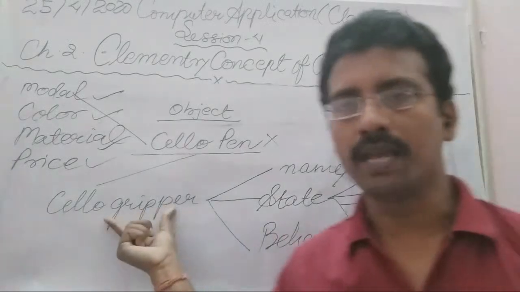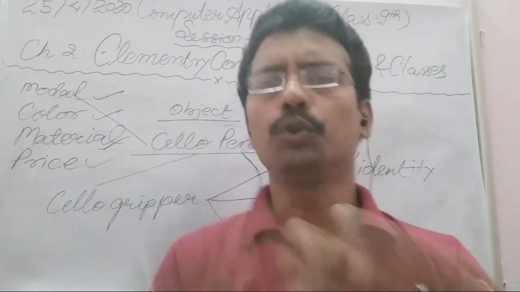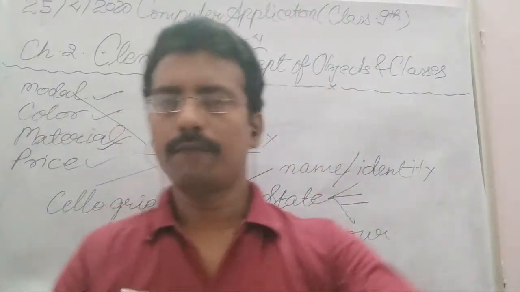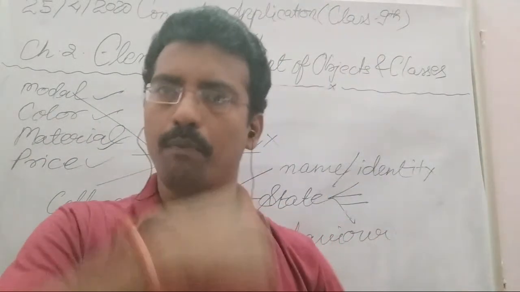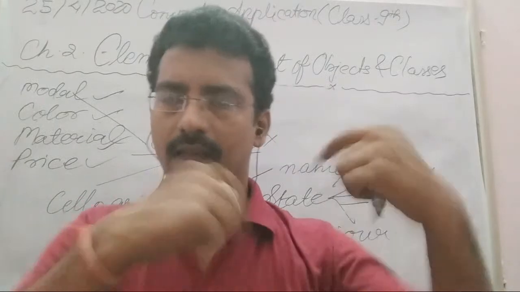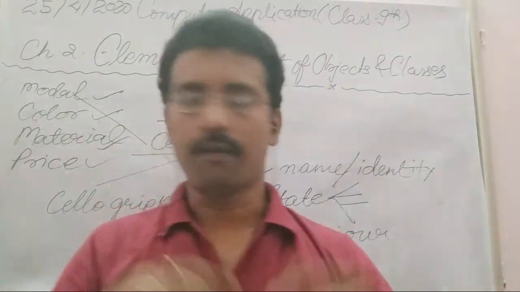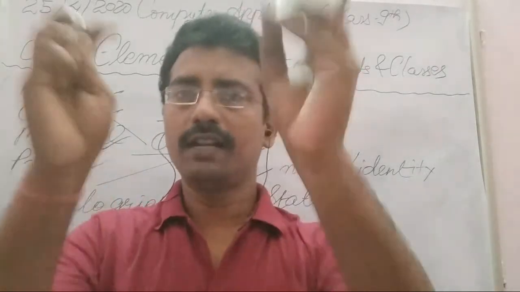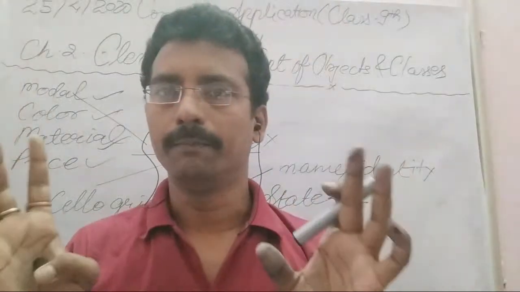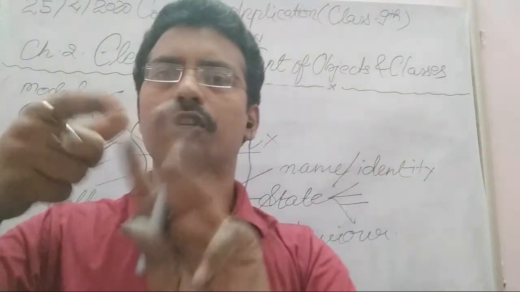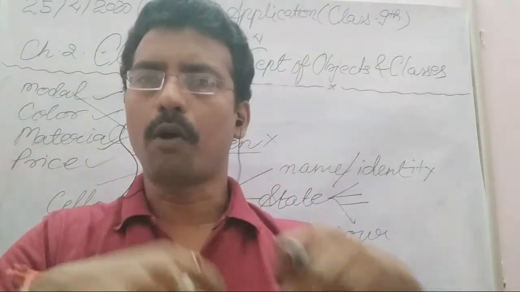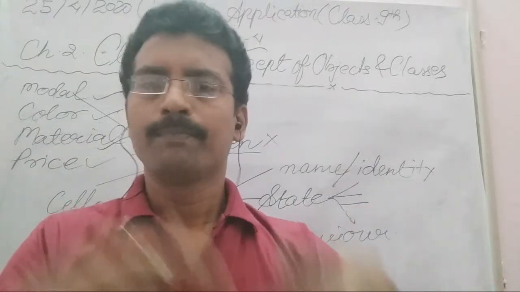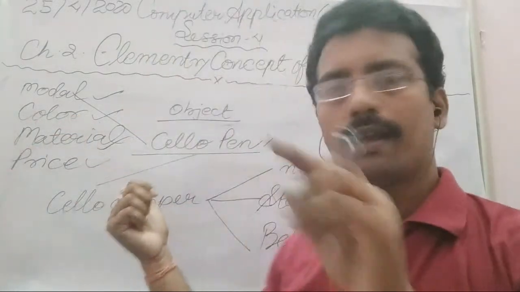So what will be the behavior of Cello Gripper? Simply 2-3 behaviors can be there. One for writing, second for decoration in the pocket. We can put it in the pocket. Third, we can use it in the office. But the important thing is writing. So two behaviors are going to be set for this object: one for decoration, for keeping in the pocket, which will decorate our pocket, and second for writing.